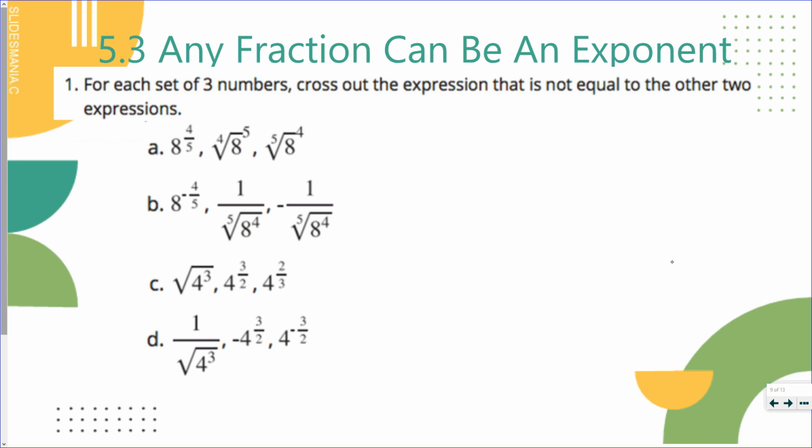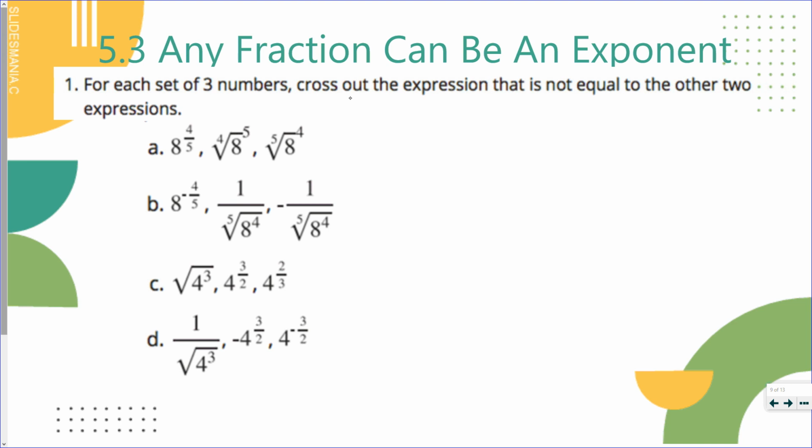Okay, so now let's look at a little game that we could play. Which one of these does not belong? For each set of 3 numbers, cross out the expression that is not equal to the other two. Okay. 8 to the 4/5, 4th root of 8 to the 5th, 5th root of 8 to the 4.